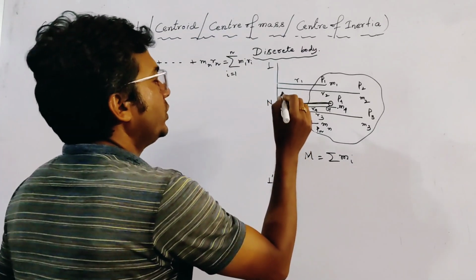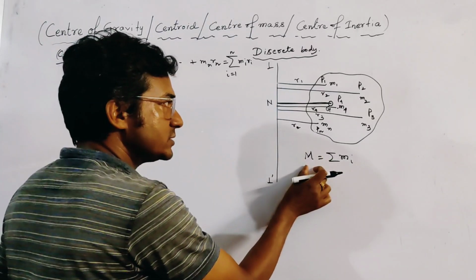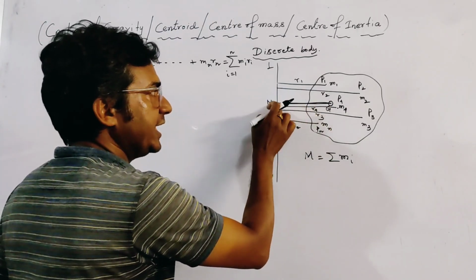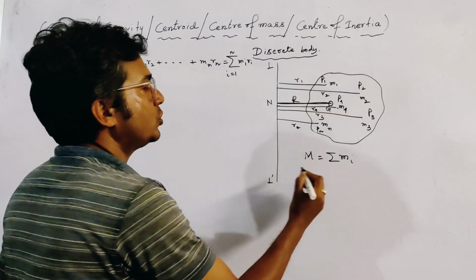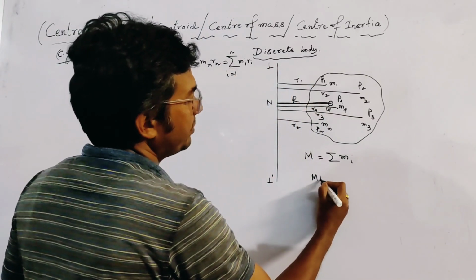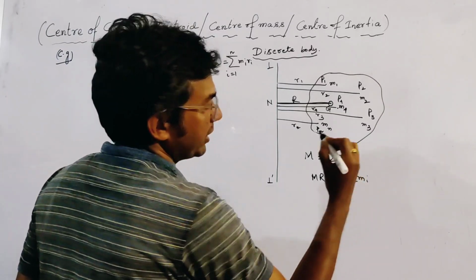So we find the product of mass into the distance mg. Let it be capital R. So we get M into capital R.